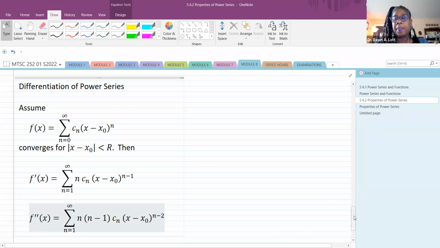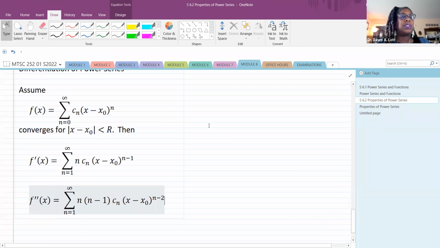All right. So if you have a power series and it converges for some interval r, then you can compute its derivative by simply taking the derivatives of the terms. Now, that should be n equals 2. Shucks, made a mistake there.